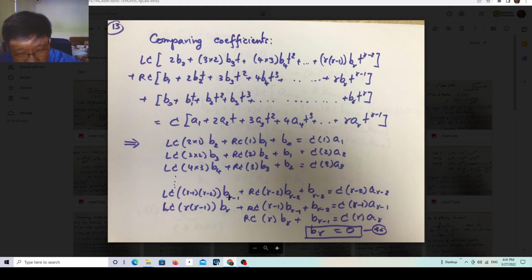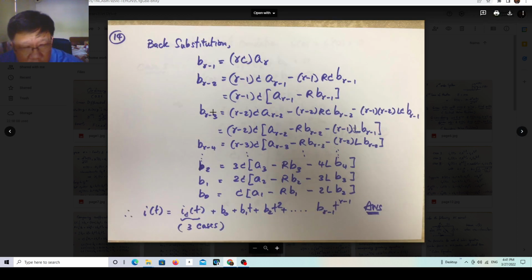B sub r minus 1 exists with some non-negative value. When you move these two terms to the left hand side and rearrange, the remaining equation becomes like this, and the index just keeps rolling in a similar fashion up to the b sub 0 value.